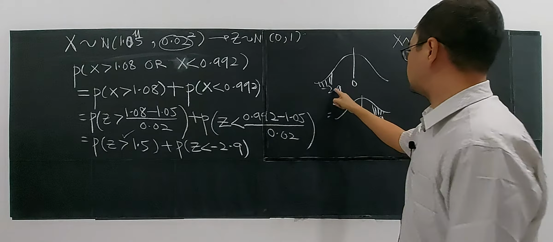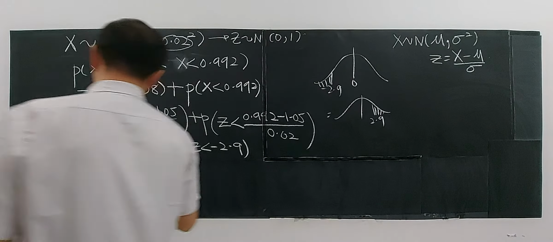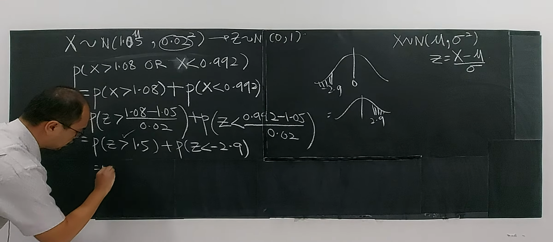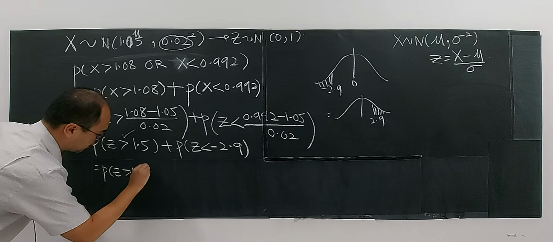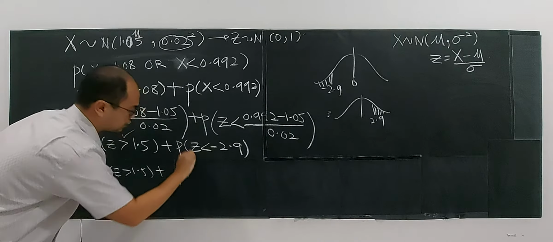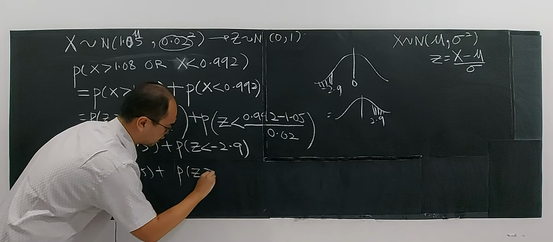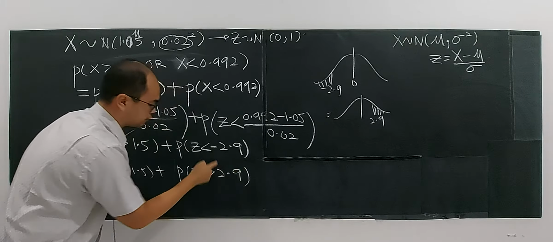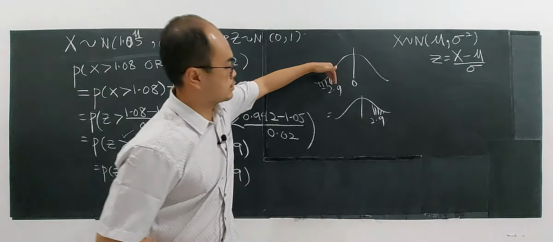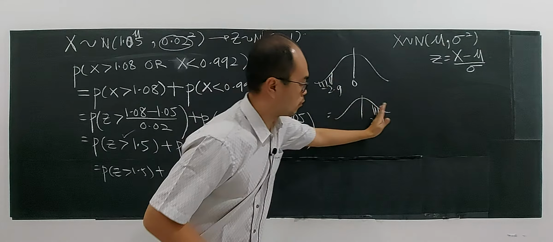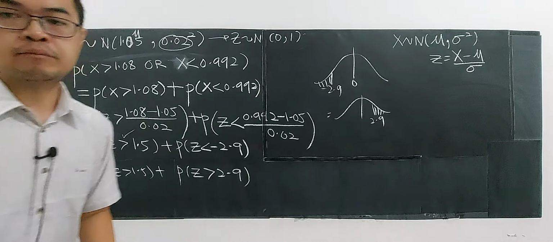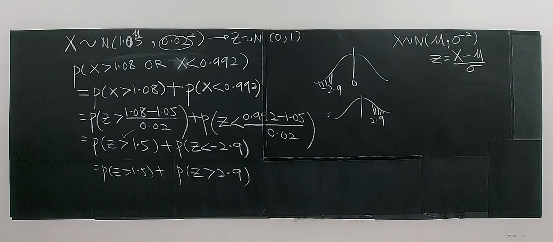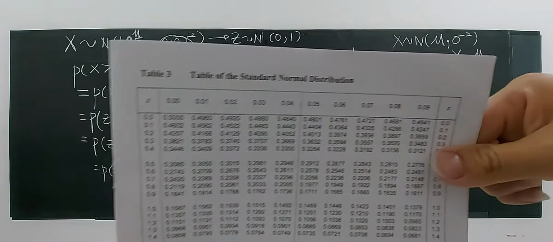This is the same as this one, so we can say the probability of Z more than 1.5 plus the probability of Z more than 2.9. Z less than negative 2.9 and Z more than 2.9 have the same value. From the statistical table, we can find the values easily by using table 3.